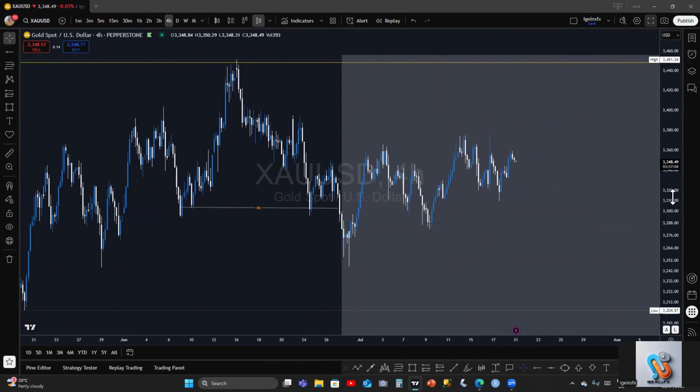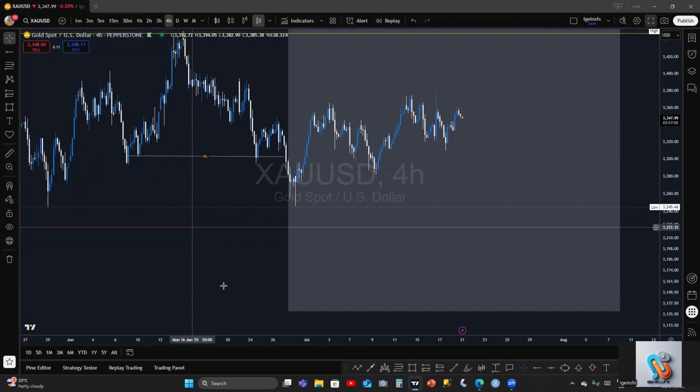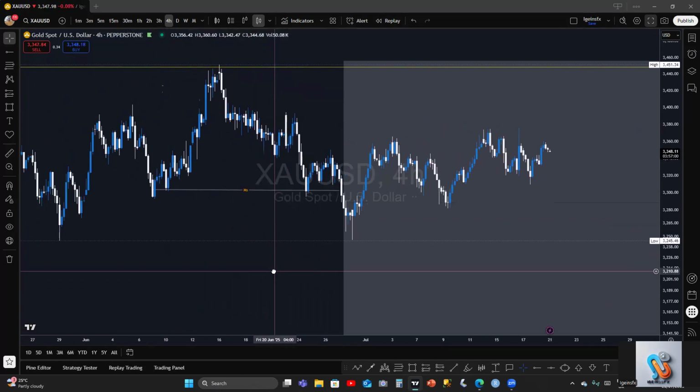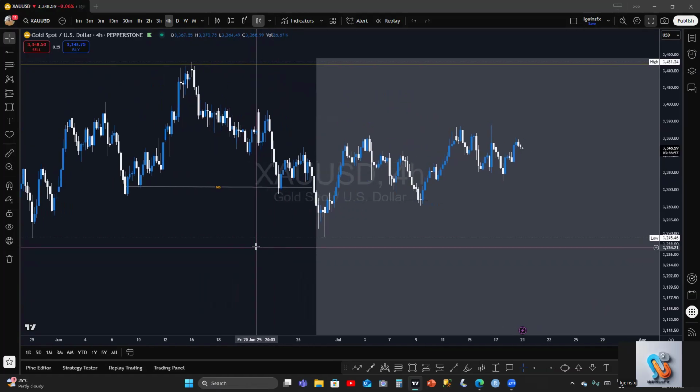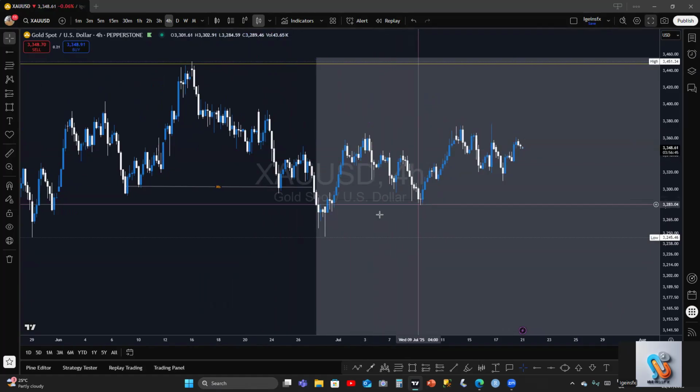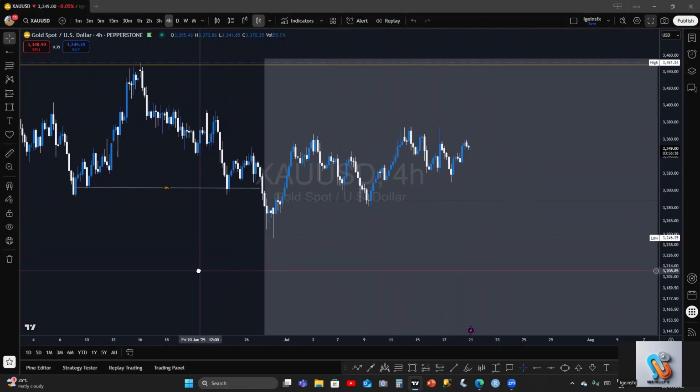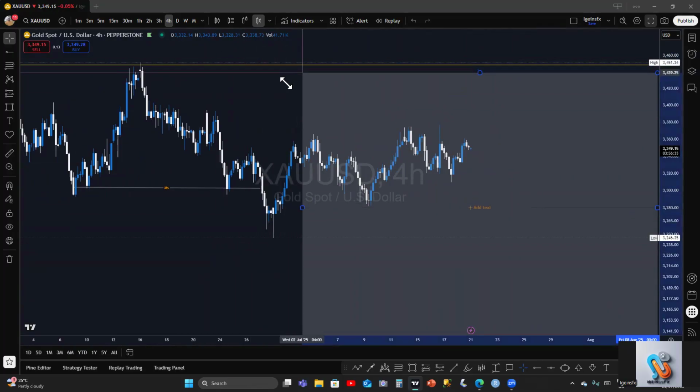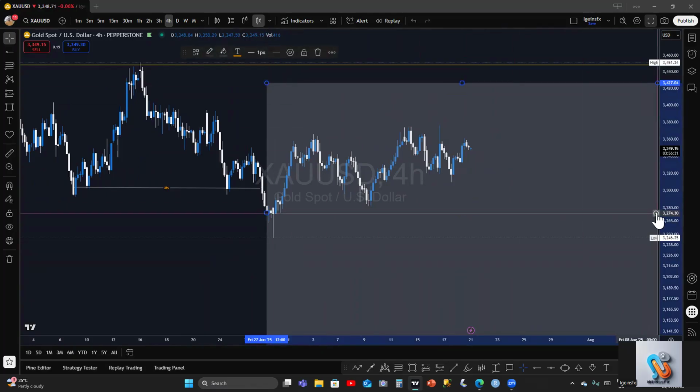So from the 4 hour point of view, we discover that right here there's a market shift too. But it came back again, created this. From this point, price is making its way to the upside.